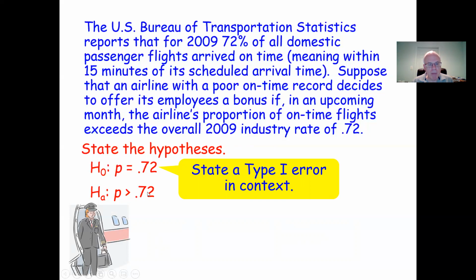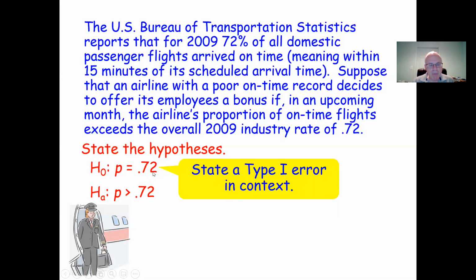So suppose the sample data for that month indicates strong enough evidence to say that the proportion is really greater than 0.72. So what happens? The people get a bonus, don't they? Well, the type 1 error would say, in reality, they didn't do over 0.72.